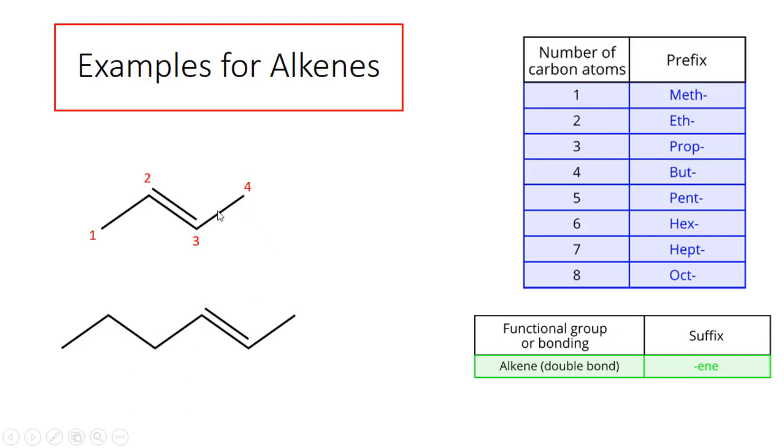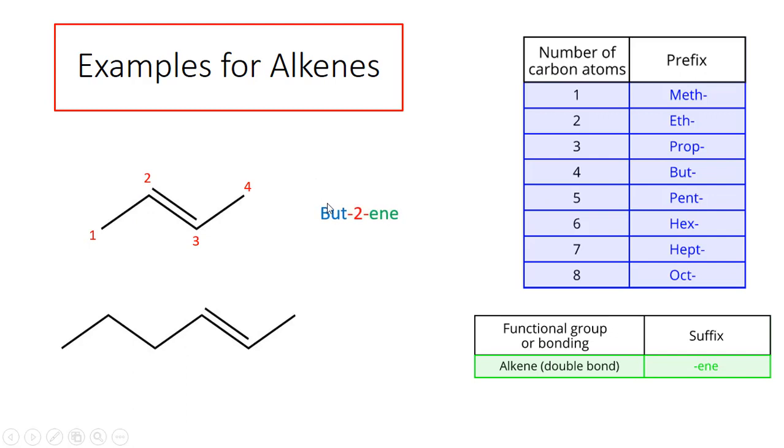If we just called this molecule butene, yes, we would know it is an alkene, but we do not know the location of this double bond. It could be on the end of the molecule, it could be in the middle. Therefore, when naming this molecule, we will include a number to symbolize where the double bond is located, and in this case it starts at carbon 2.